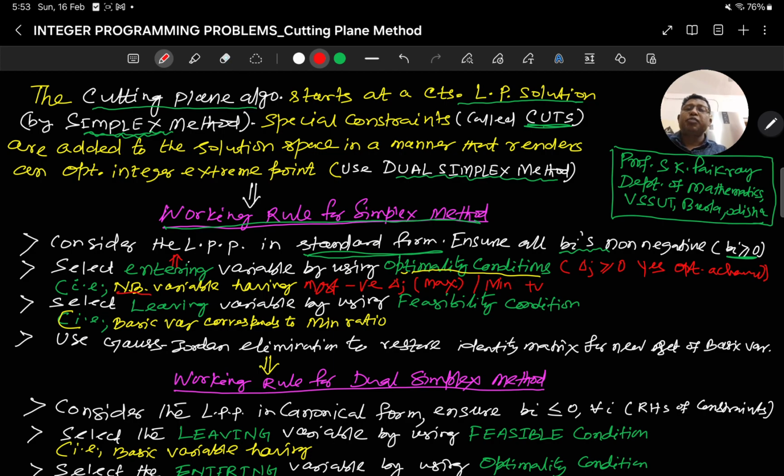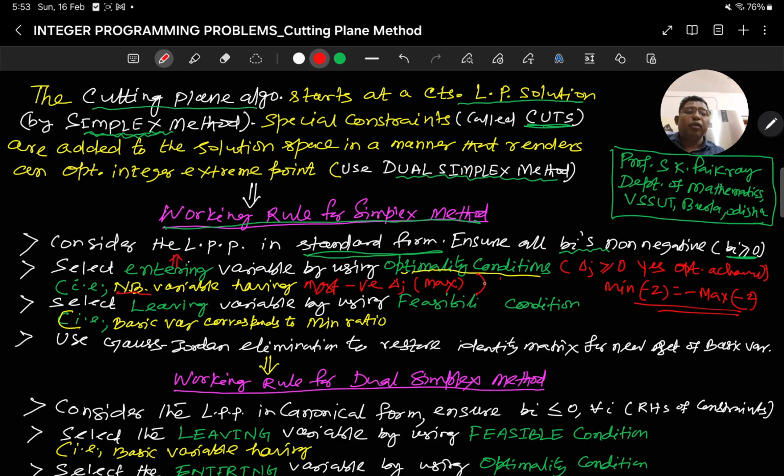Let me talk about the max problem, because we can bring the min problem to max, as minimization of z is the same as maximization of minus z. So I am explaining it for maximization. The non-basic variable having the most negative value will enter into the base.